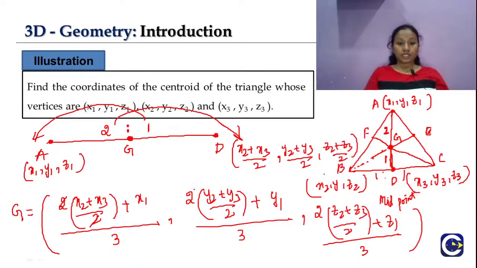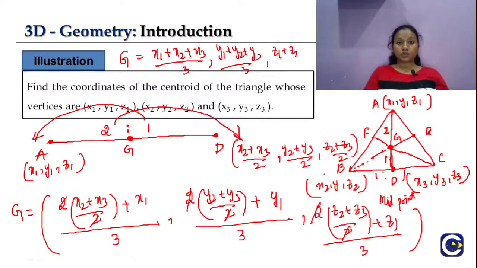Right, so now this 2 gets cancelled in each of the coordinates, and we'll be left with, in the numerator, the sum of all three coordinates, that is x1 plus x2 plus x3, and in the denominator 3. So the coordinates of the centroid G are (x1 plus x2 plus x3) by 3, comma, same with the y coordinates, (y1 plus y2 plus y3) by 3, and (z1 plus z2 plus z3) by 3.